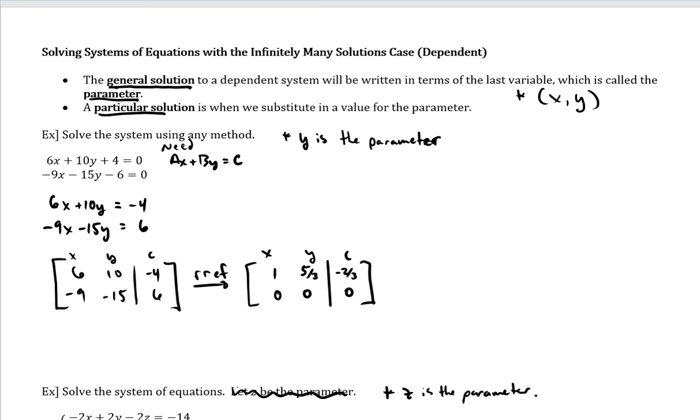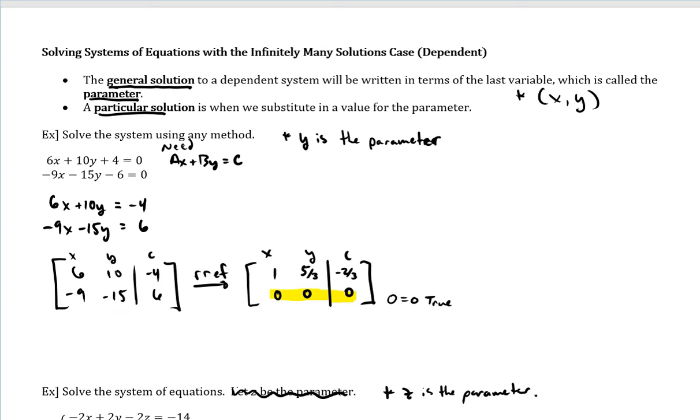This time, we have a string of zeros. Let me highlight in yellow. But this is true: 0 equals 0. That is true, but it didn't give us an x equals a number or a y equals a number.